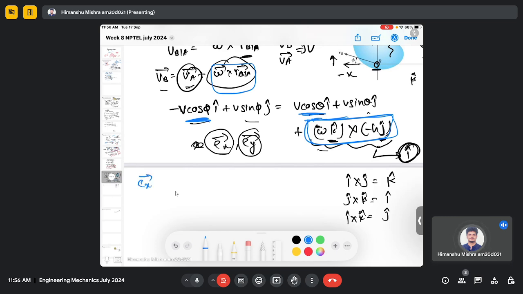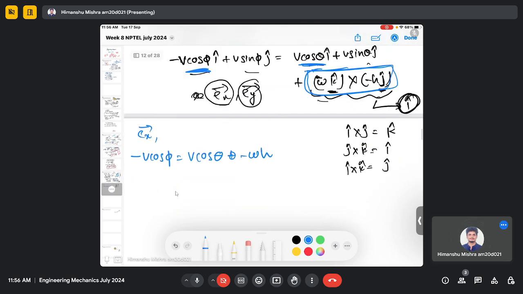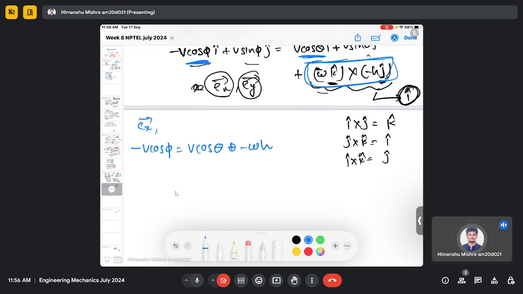So my x component will be minus v cos phi equals v cos theta minus omega h, right? So this is one of the equations in the x component.